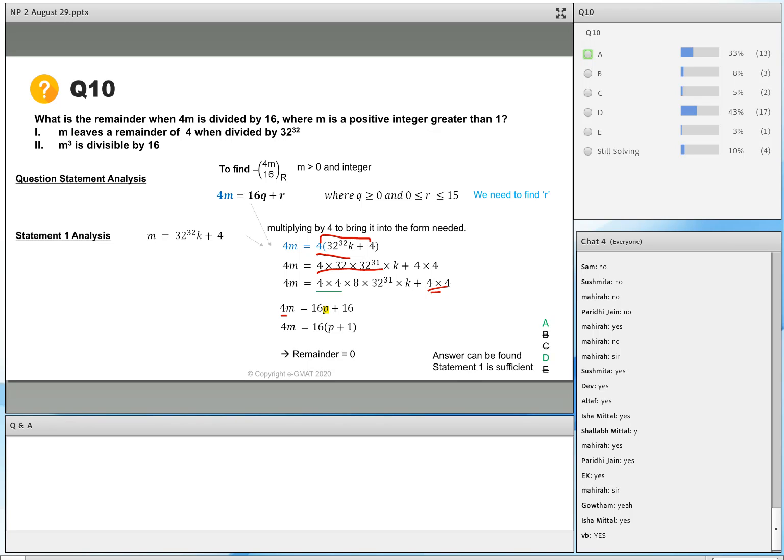So 4m can be written as 16p plus 16, which is again of the form 16p plus 0, where 0 is the remainder. So the final remainder is equal to 0 from statement 1. Is this clear to all of you? The final remainder is equal to 0. Again, Paridhi, please tell me what is the issue.